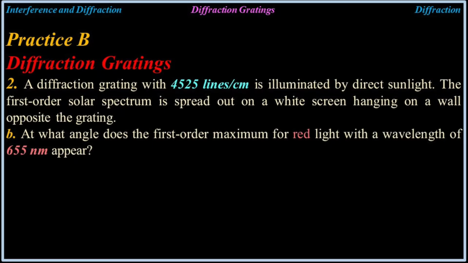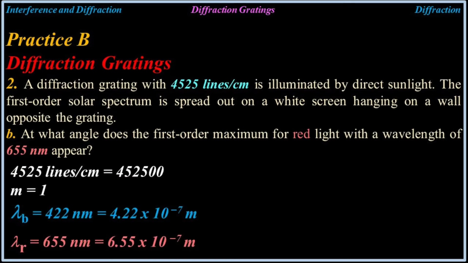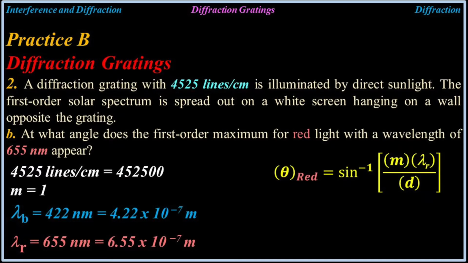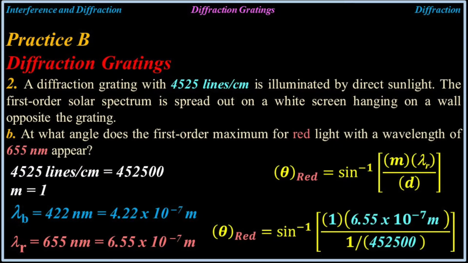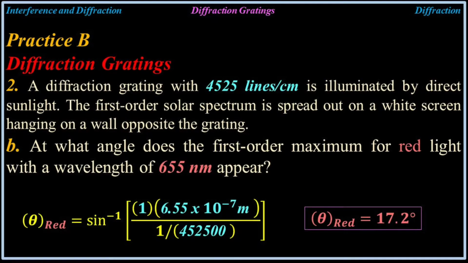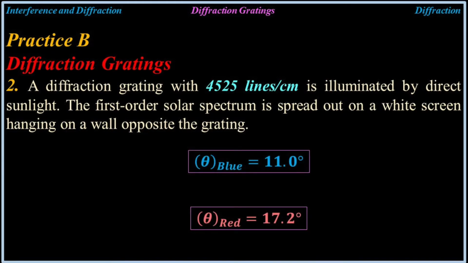And that was A, and now B. And this is for red. And it's 17.2. And here is a summary of the problem. Theta blue is 11 degrees, and theta red is 17.2 degrees.